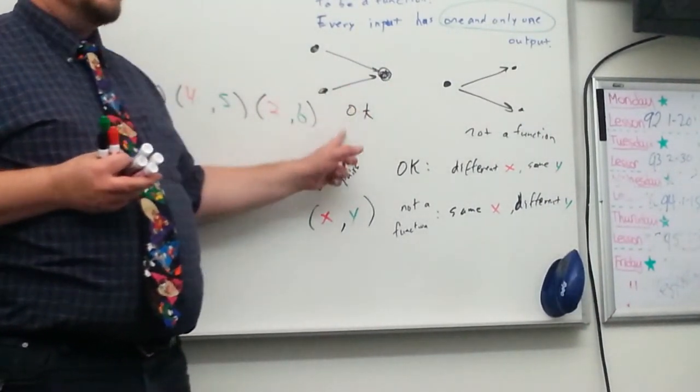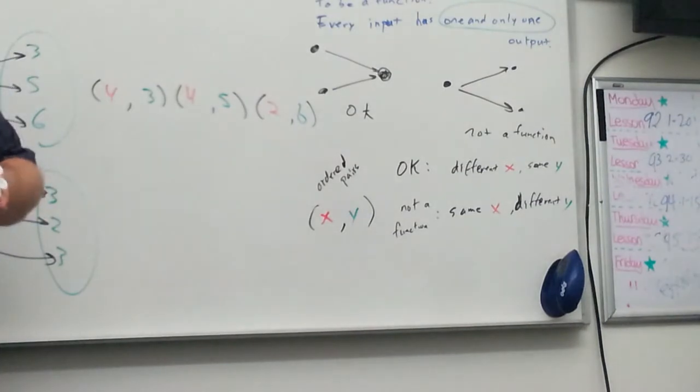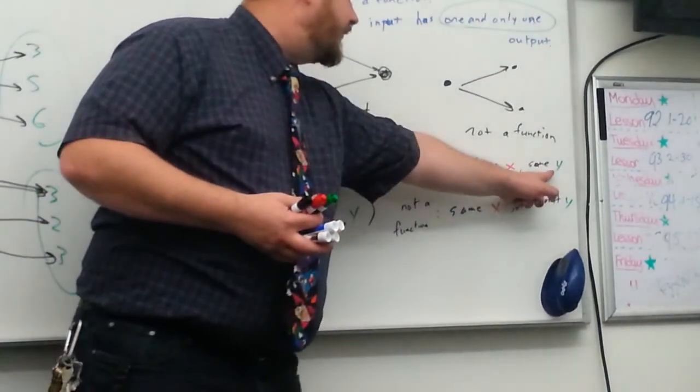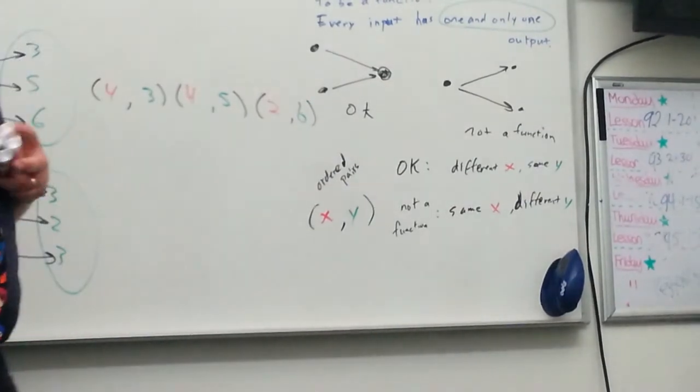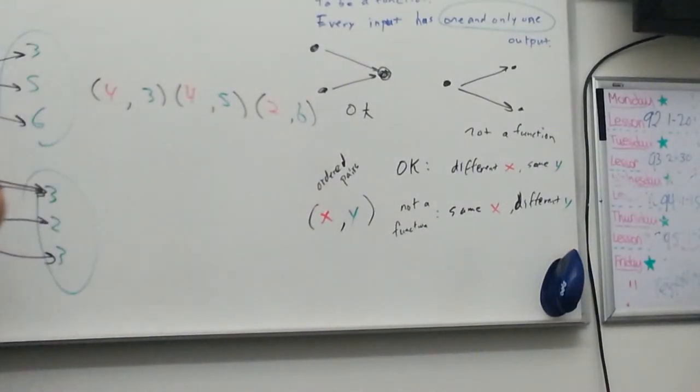Yeah, that's okay. You can have the same y. You can have different x's with the same y. You just can't have the same x with different y's. So that is a function.